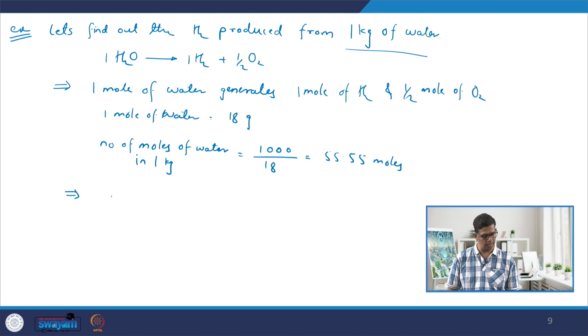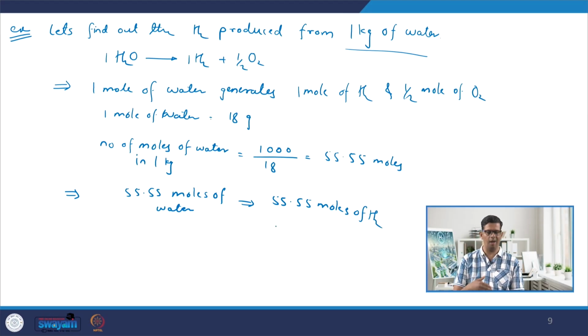It implies that if 1 mole of water is going to get us 1 mole of hydrogen, then 55.55 moles of water are going to get us 55.55 moles of hydrogen and exactly half as many moles of oxygen as well.